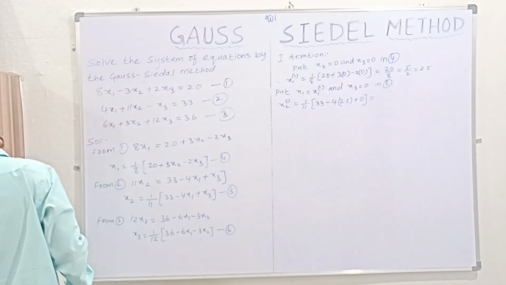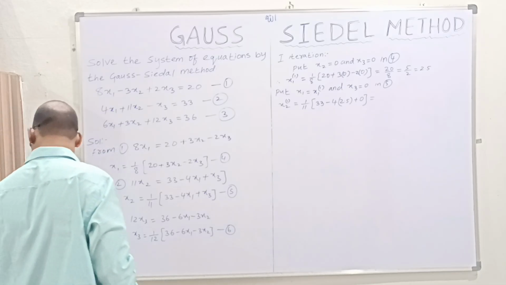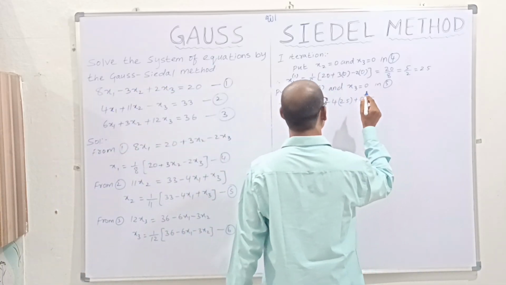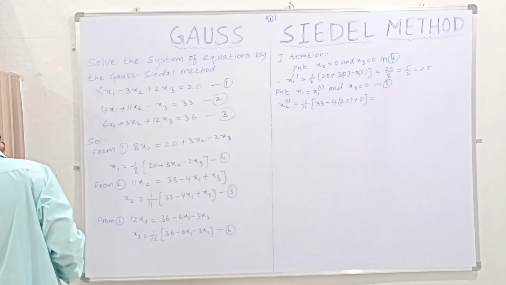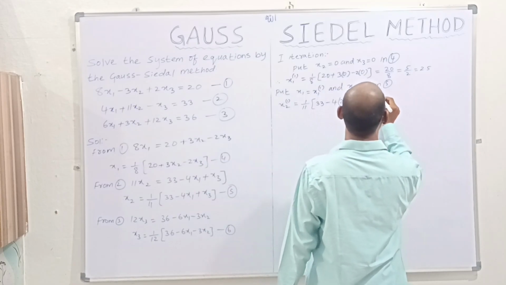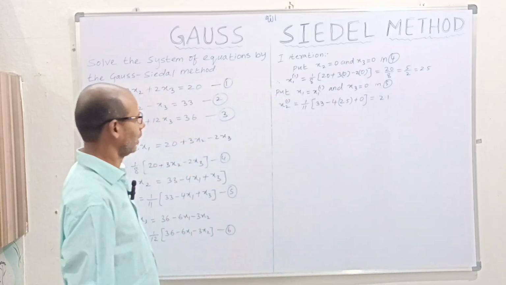After simplifying, we get the value as 2.1.